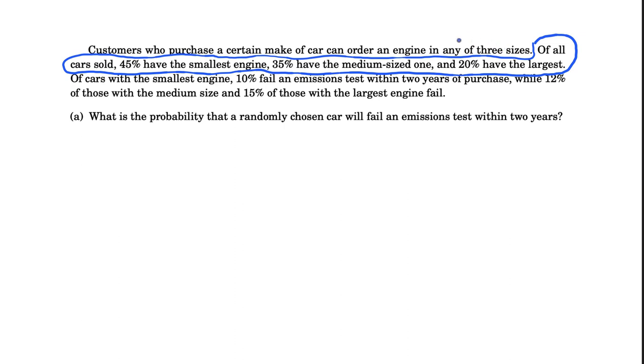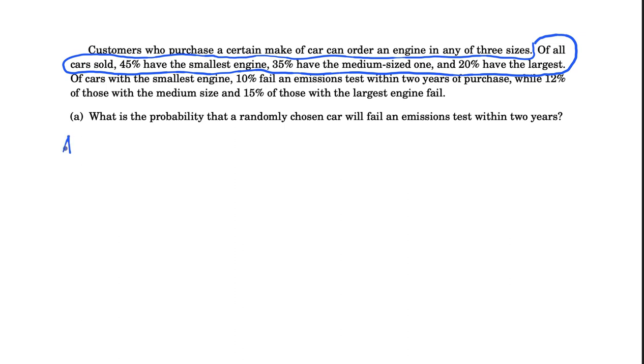And the first sentence is saying that there are only three sizes possible, and then the second sentence goes on to break down the percentage, right? So let's define some sets, and I'll use the same notation that we did for our partition with A sub 1, A sub 2.